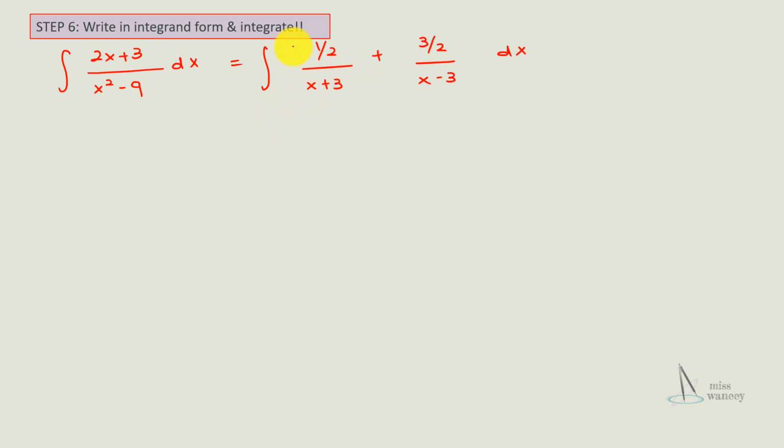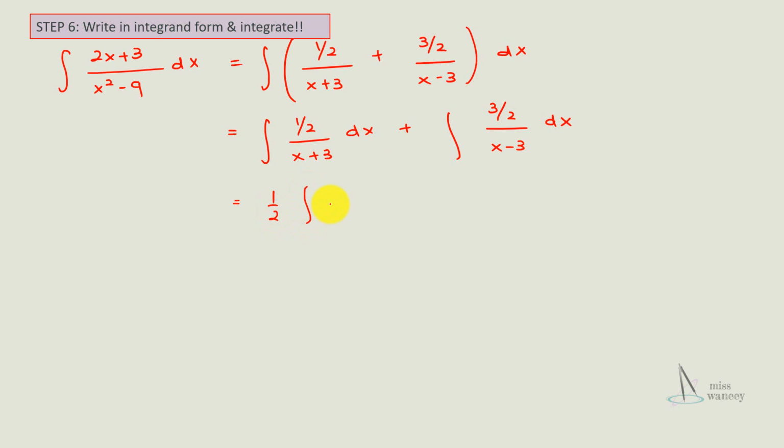So let me separate this into 2 first. So I'm going to have integrating half over x plus 3 dx plus integrate 3 over 2 over x minus 3 dx. So since we have some constant up here, let us bring them out.